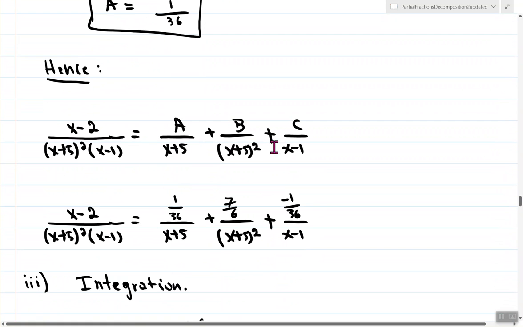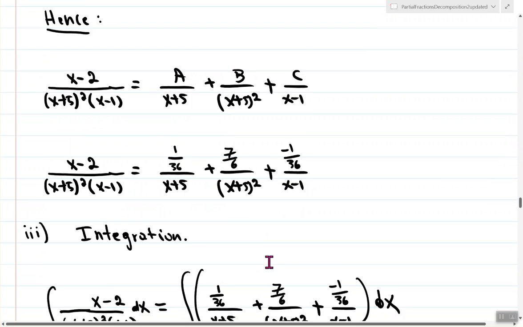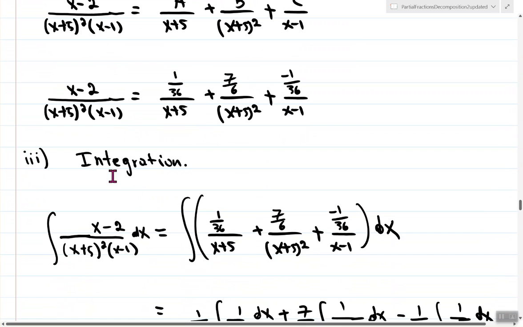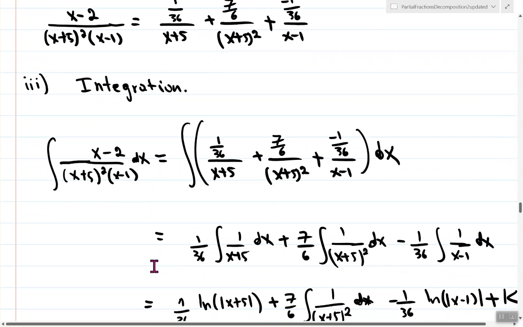So we go back to the rational function, we plug in a, b, and c, and then after that we go to integration. So to integrate x minus 2 over quantity x plus 5 squared times quantity x minus 1 dx, it basically means we're going to integrate these three partial fractions. So we move 1/36 outside.